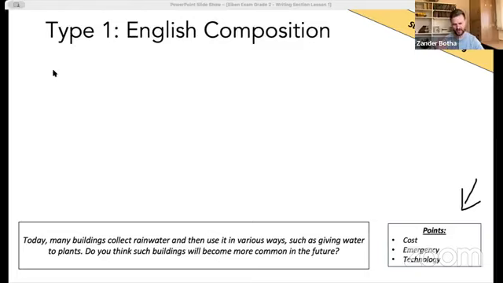Now, do you remember what is the first thing we need to do when we get to this task? That's right. We need to read the topic. So go ahead and read the topic.